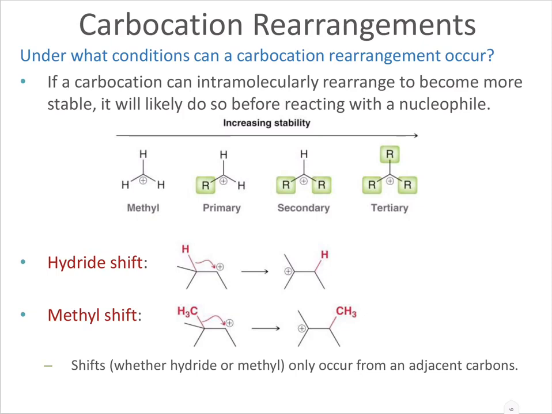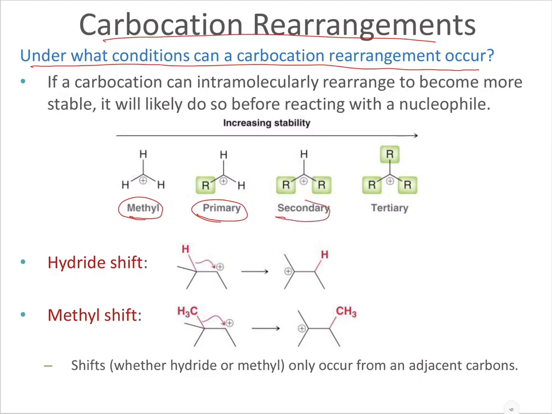Now, we just mentioned the carbocation rearrangement. What are the things to consider for a carbocation rearrangement, or under which conditions would you be expected to perform a carbocation rearrangement? Now, usually we don't form carbocations from methyl groups. We avoid forming carbocations for primary groups, but if there is a carbocation for a secondary group, we can have a rearrangement to form a tertiary.